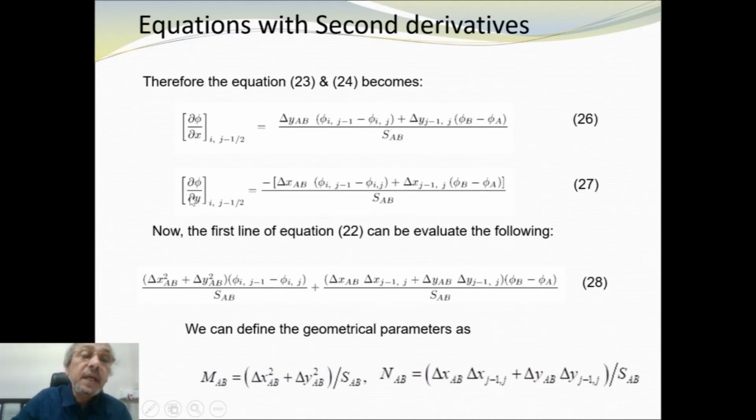Then del phi del y at i j minus half, same point. This is minus delta x AB into phi i j minus 1 minus phi i j plus delta x j minus 1 j into phi b minus phi a divided by the area.